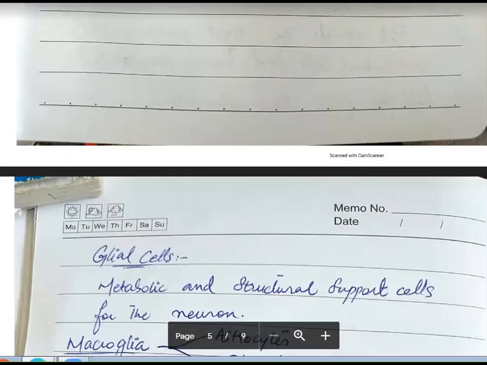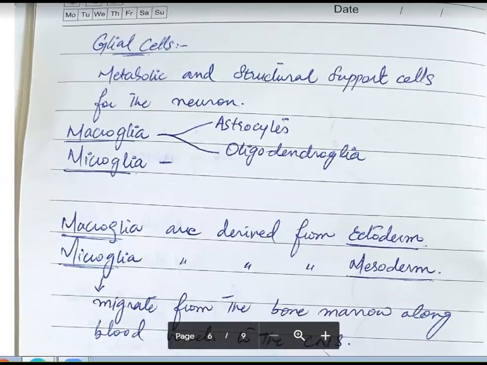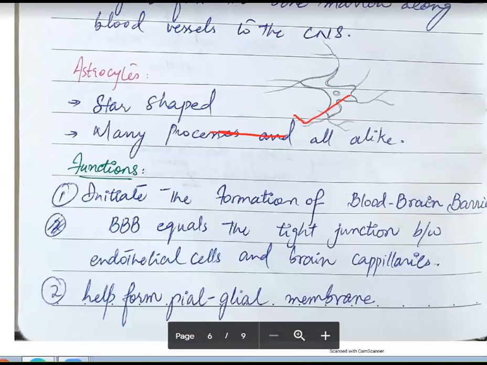Then we have astrocytes. These two are macroglia and this is microglia. The thing you need to remember regarding the astrocytes is they form blood-brain barrier. So this is important for your PMDC MCQ.